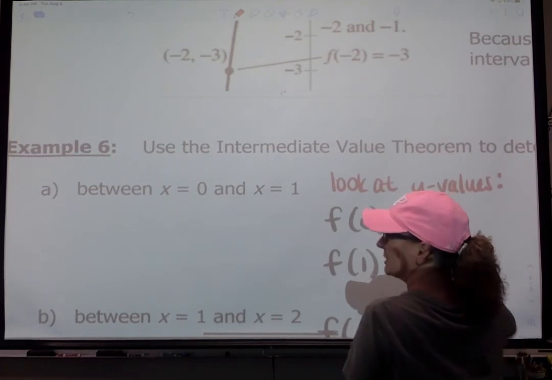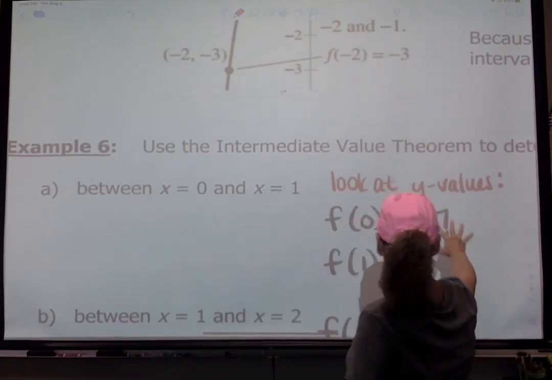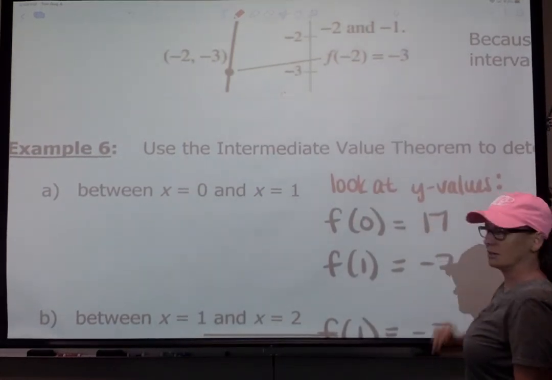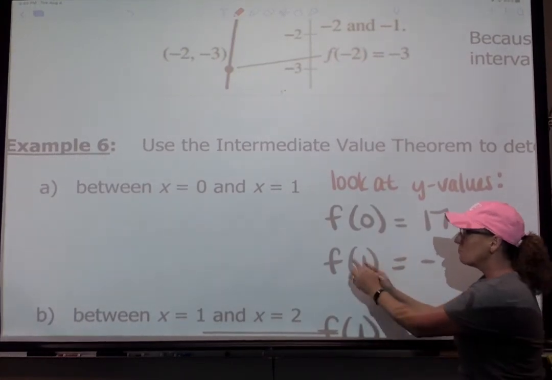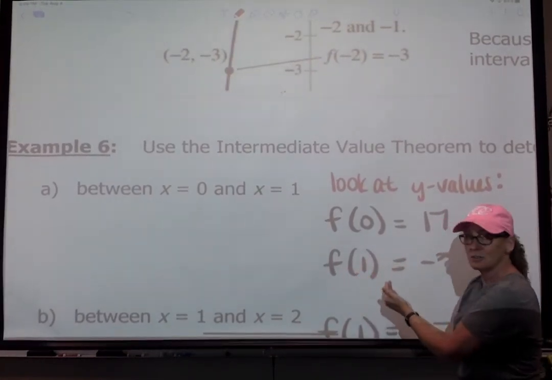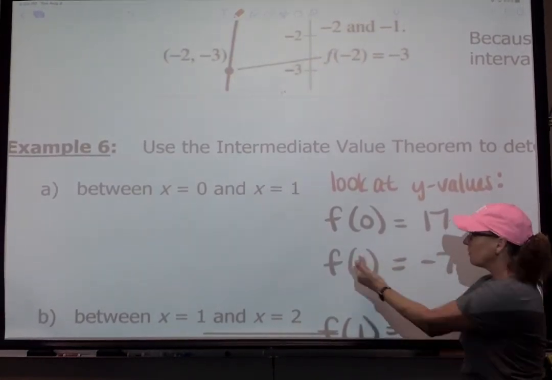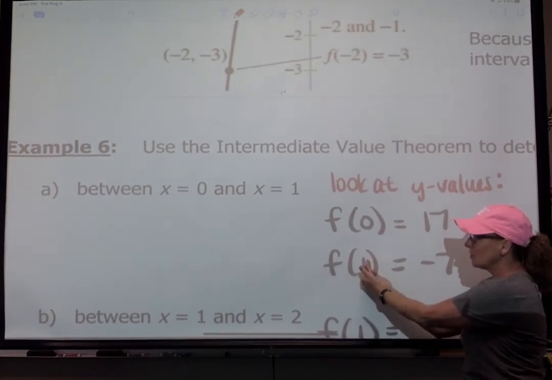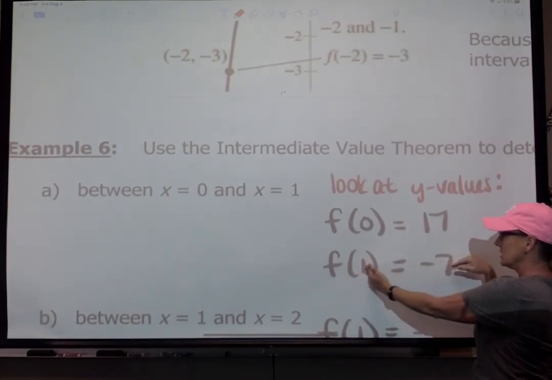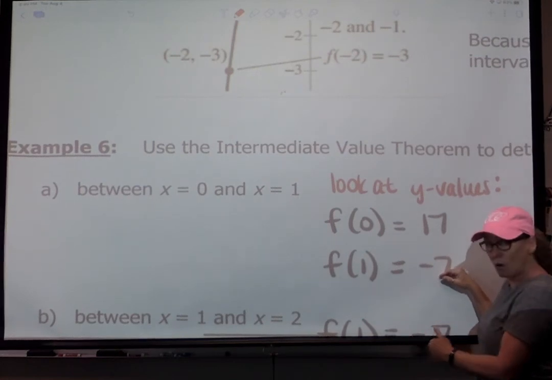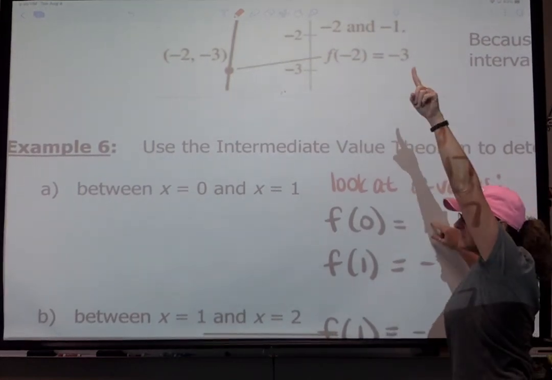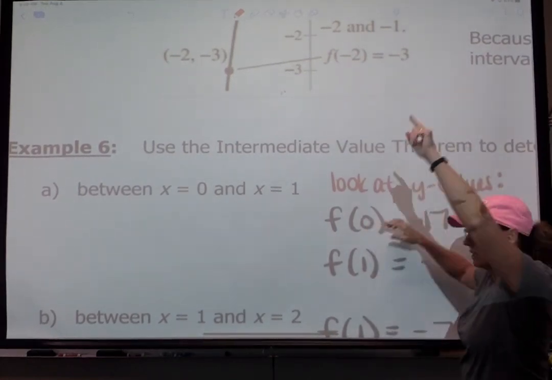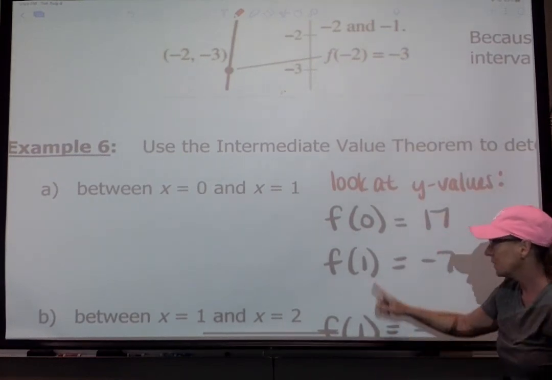So my function is above the x-axis. Okay? Now, move over one spot to the right. Just one. What's your y value? Negative 7. Holy moly. I went from positive 17 when x was 0 to negative 7 when x was 1.